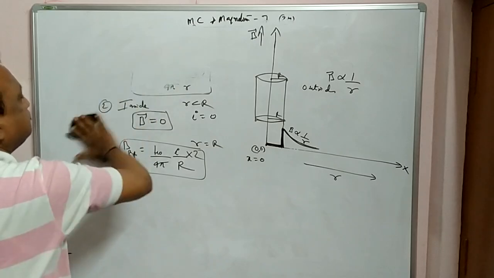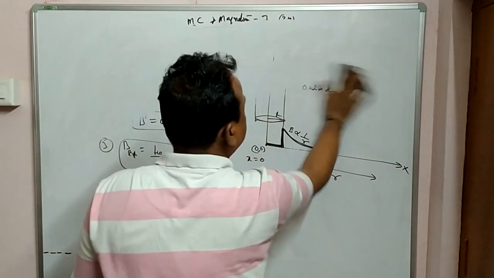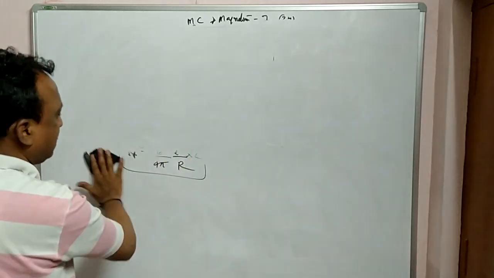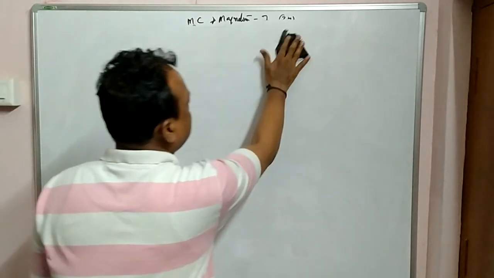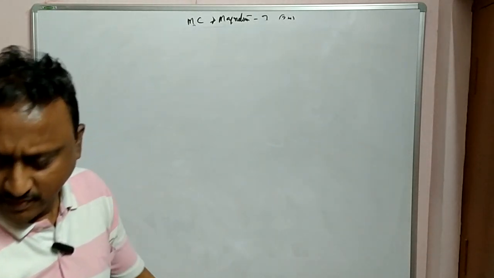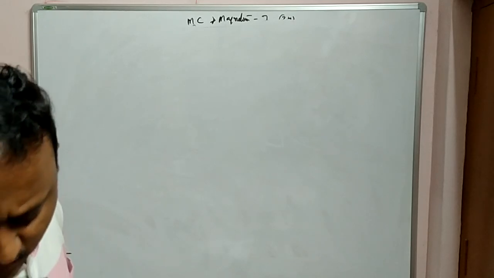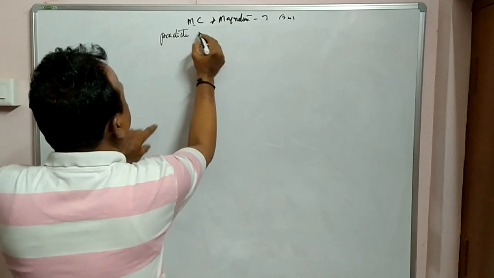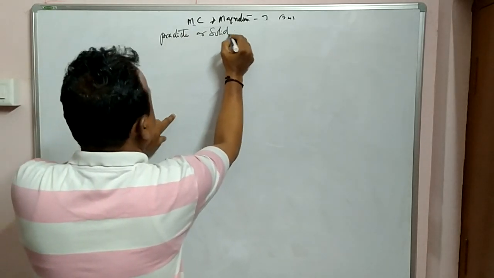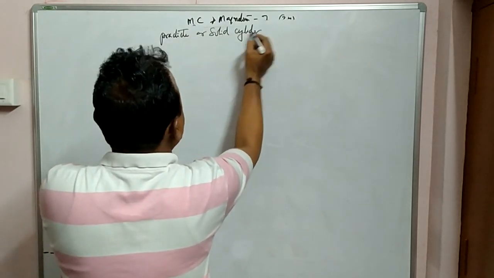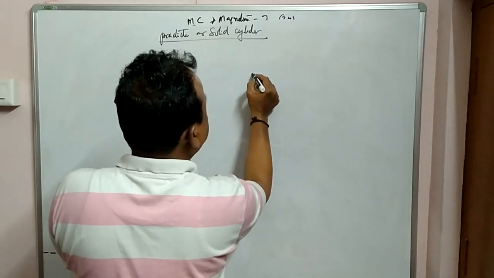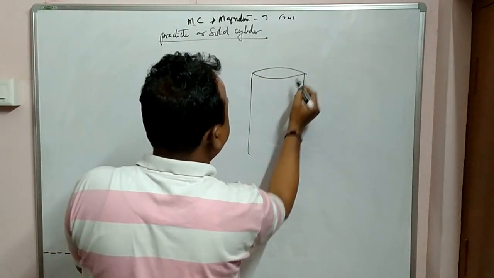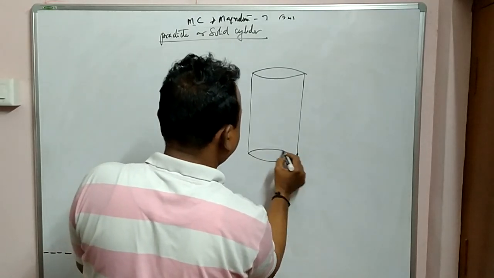The practical one. In a real wire, current passes throughout, so there is no gap in the middle. Now let us go to the practical cylinder, that is the solid cylinder. This is the actual one, completely filled with matter.